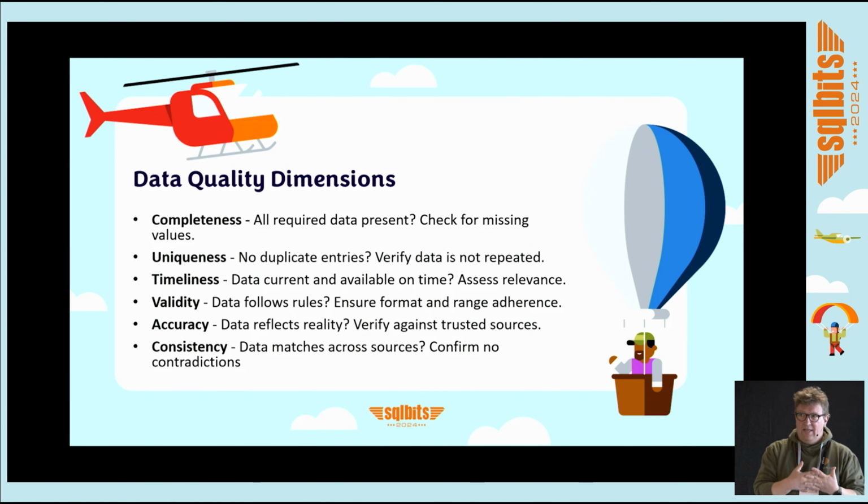The other thing is accuracy. It comes a little bit with the relationship to validity. Accuracy means that we need to be clear that the data we get is trusted data.